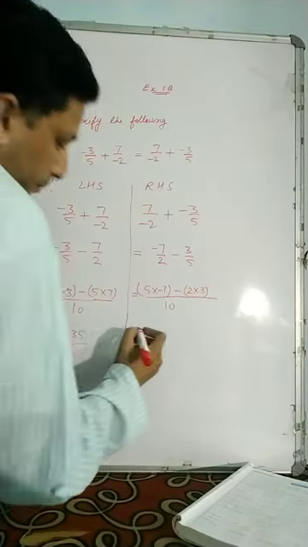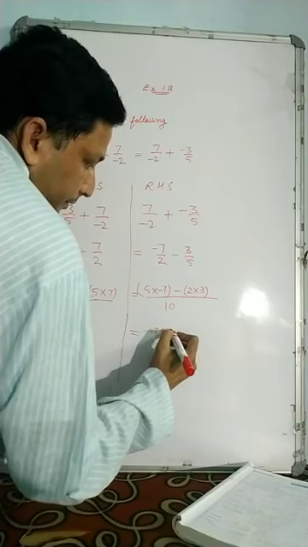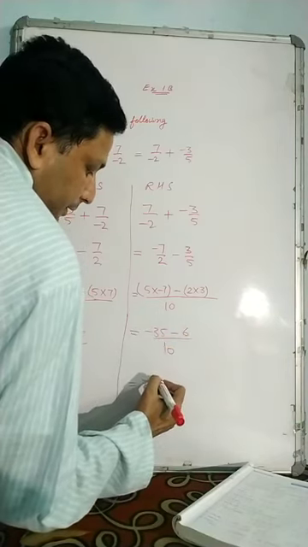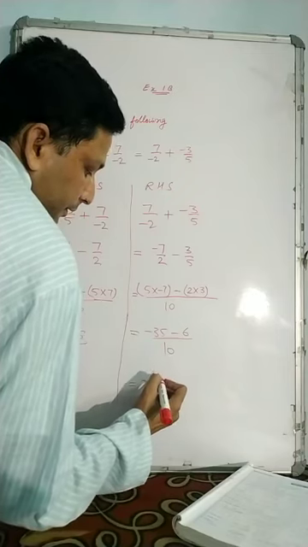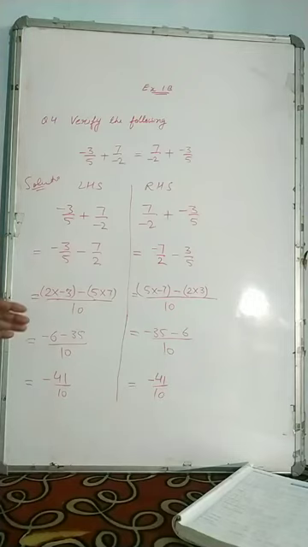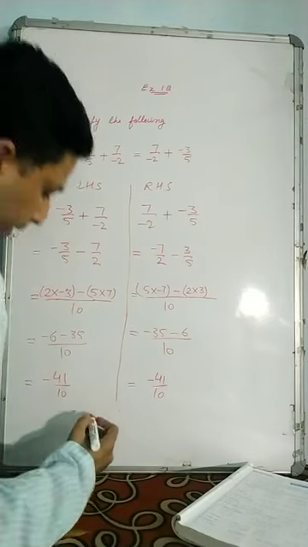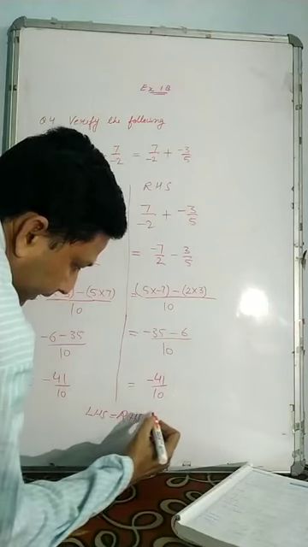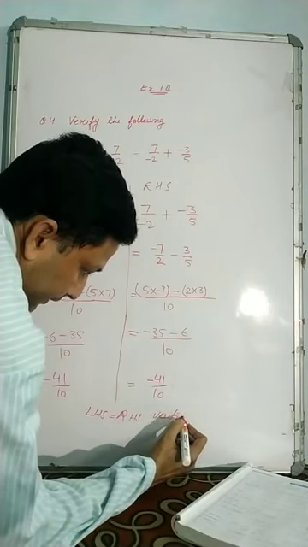Now minus 35 minus 6 upon 10 equal to minus 41 upon 10. Now here you can see that the answer of the left hand side is equal to the answer of the right hand side. It means your answer has been verified. Left hand side equal to right hand side, verified.